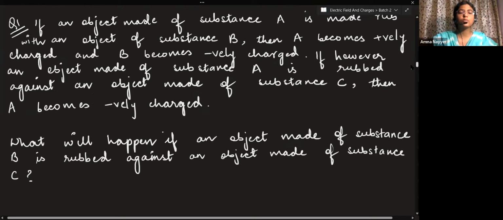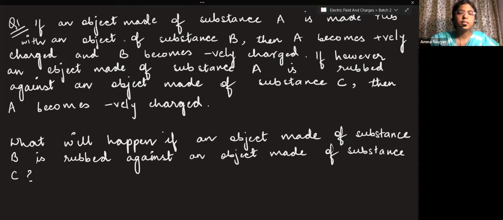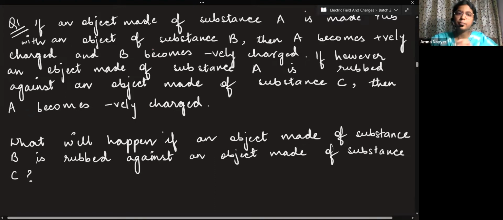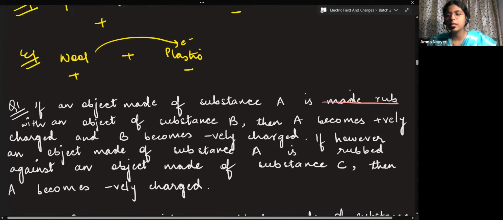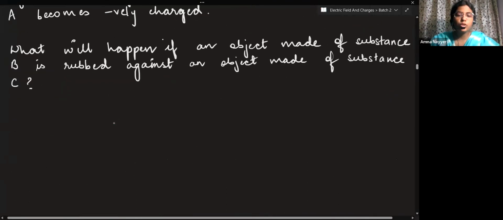See, for all those who were not there, this question says that an object made of substance A is rubbed with an object of substance B. So you have an object A and an object B. Now we don't know what their signs are.